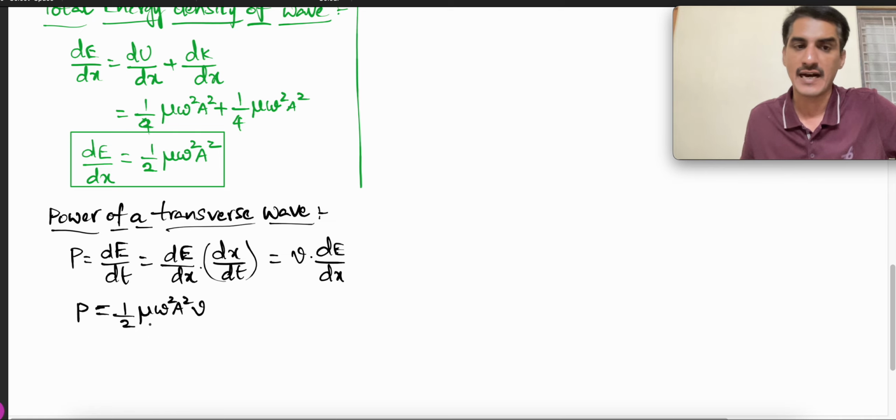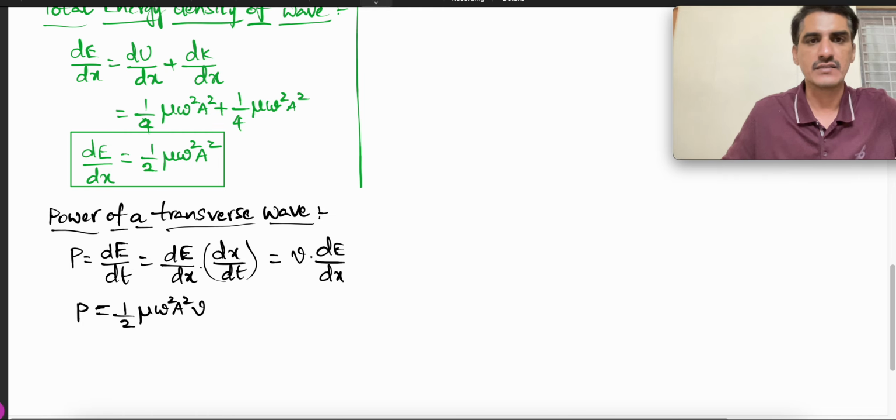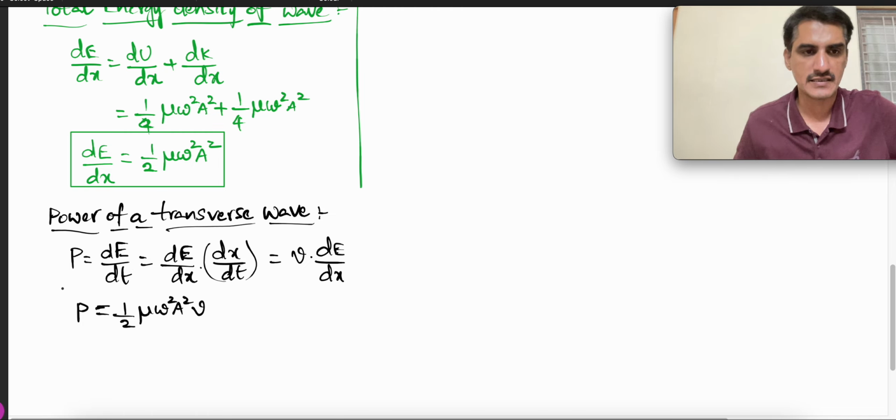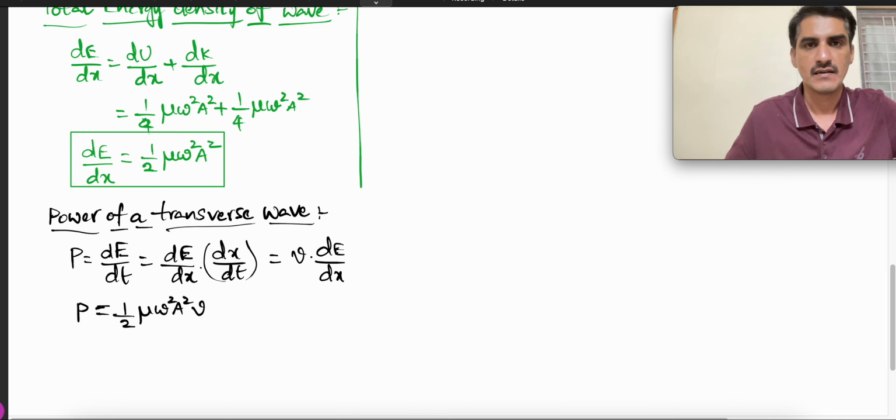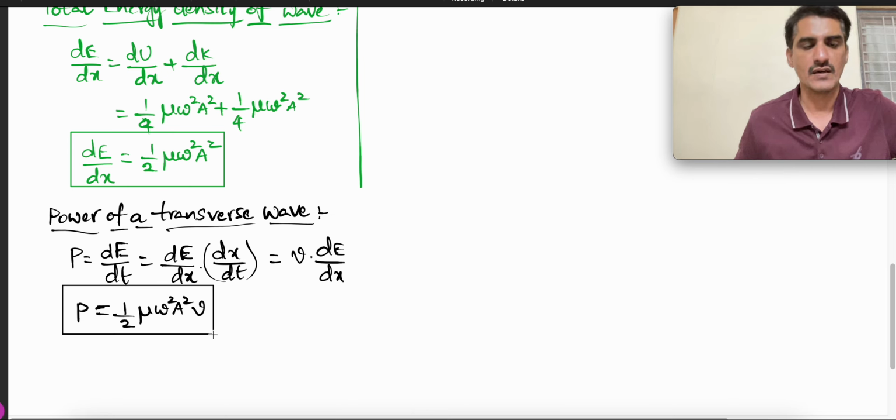We can write it as half mu omega square a square V. This is a power formula.